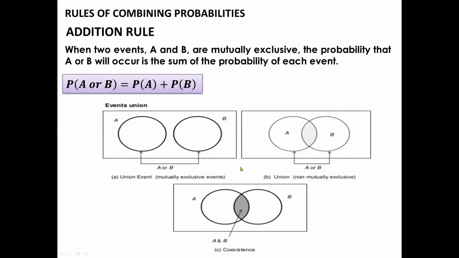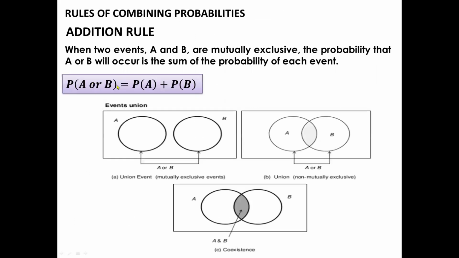Okay, next. After ng addition rule na yan, meron pang isa. When two events A and B are non-mutually exclusive, the probability that A or B will occur is this. Kanina, wala yung minus.